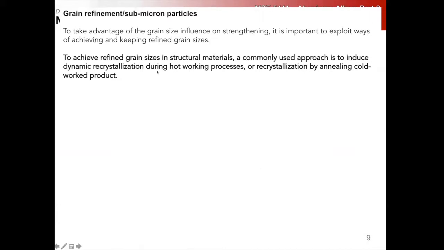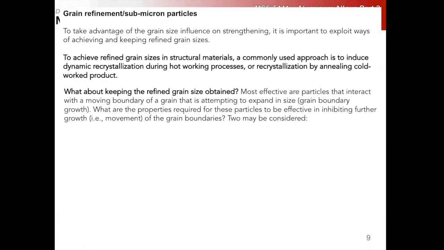So we want to use recrystallization, either dynamic recrystallization or recrystallization of a cold worked and then annealed product. And dynamic recrystallization is really interesting in aluminum because it doesn't recrystallize by nucleation and growth.